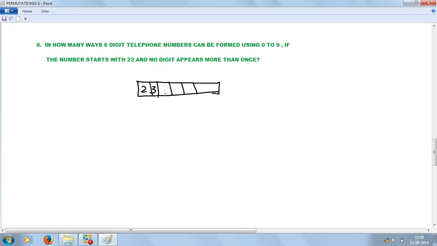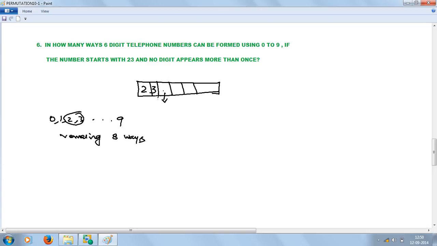So this third column, how many ways we can fill up? We have 0, 1, 2, 3 up to 9, and we have used 2 of them, so the remaining 8 digits we can write.